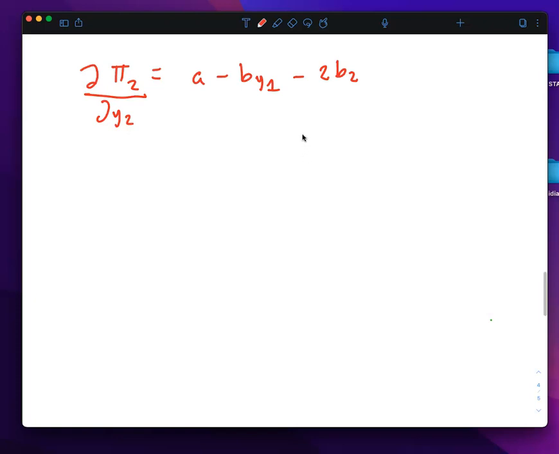Because we're assuming zero costs, we're going to set it equal to 0. That should be 2b y2. Now we're going to solve for y2.